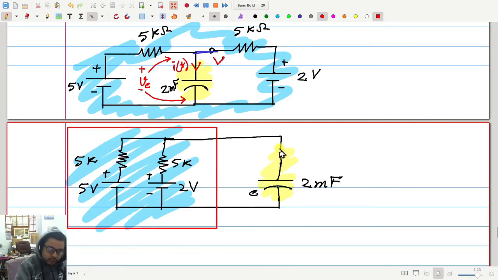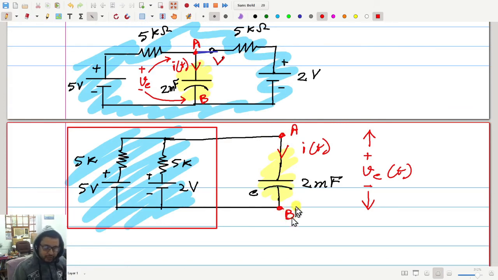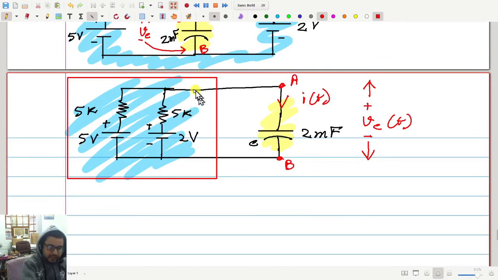Okay, so we want to know what happens to this current, and we want to know what happens to this voltage. If this point is point A and this point is point B, here also in this circuit this is point A and this is point B. Now everything inside a box contains only resistance and voltage sources.